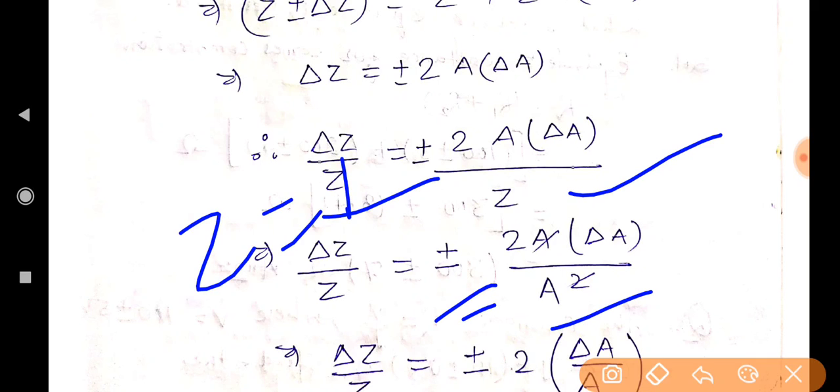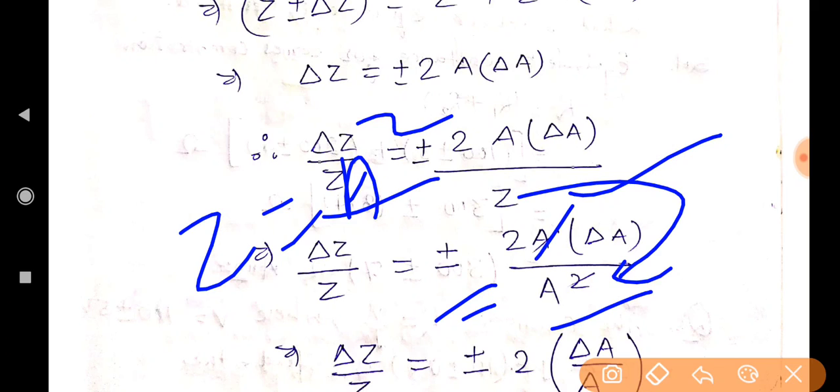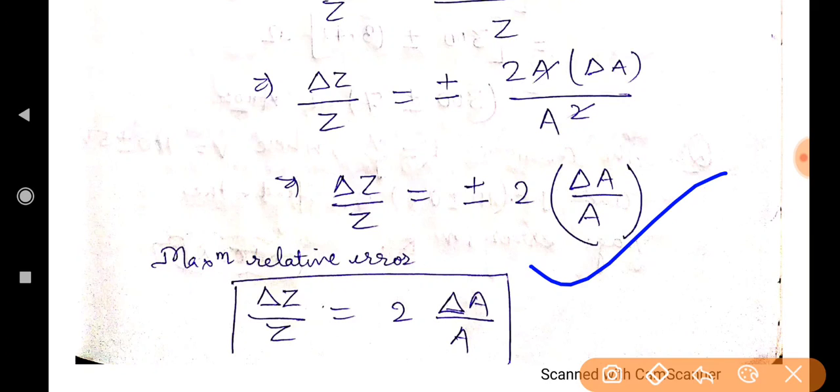Since z is equals to a square, substituting a square in place of z, single a can be cancelled out, and in this way we get that relative error in z is equals to 2 times relative error in a.